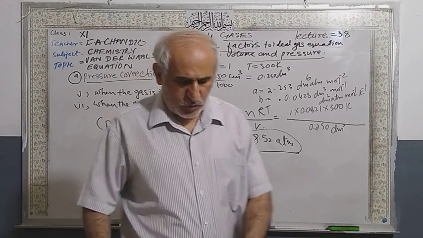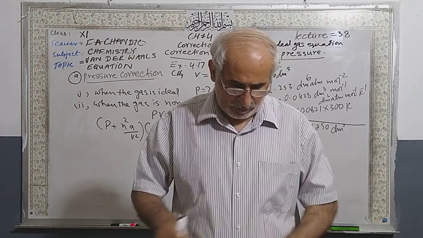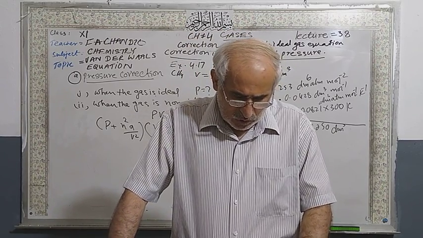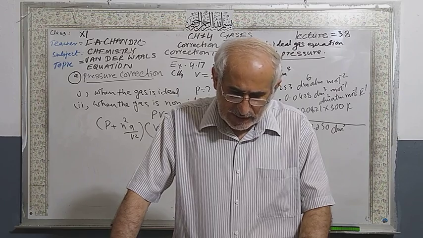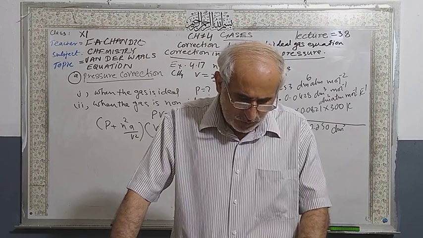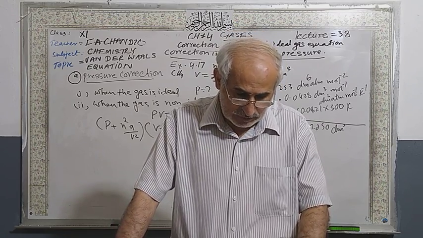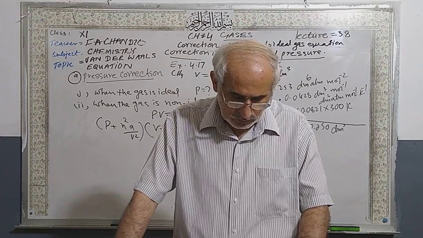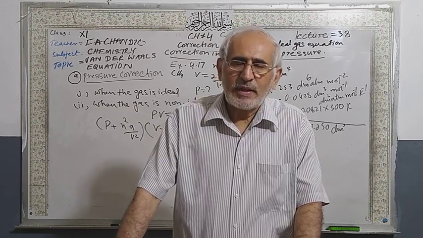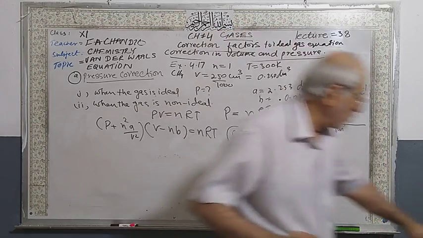So dear students, if you calculate the pressure according to the non-ideal behavior of the gas, the answer comes 115.2652 atmosphere. And when the gas is ideal, that is 98.52.